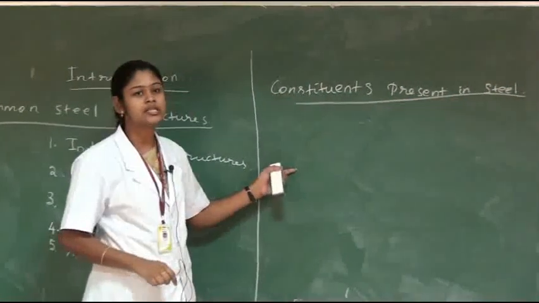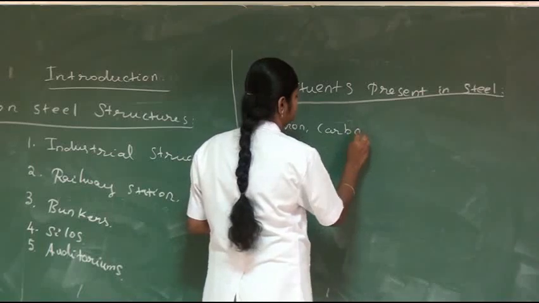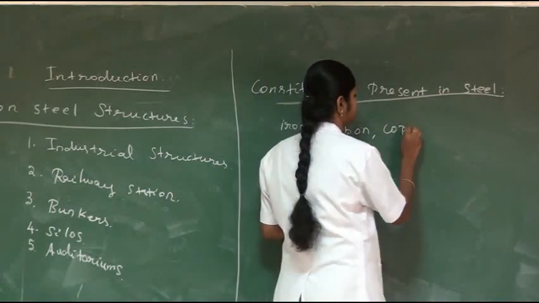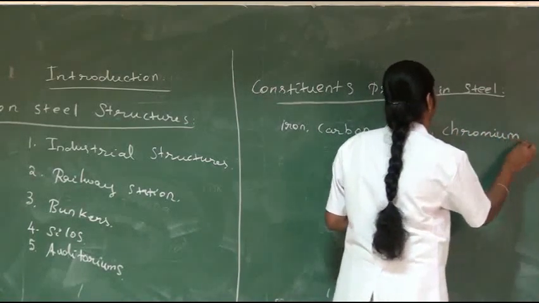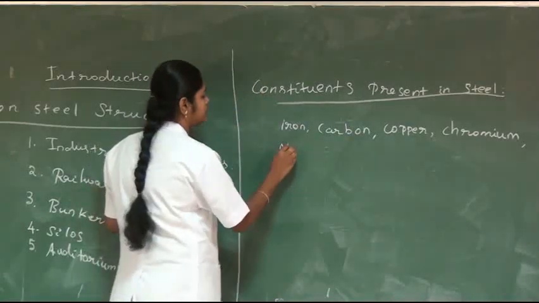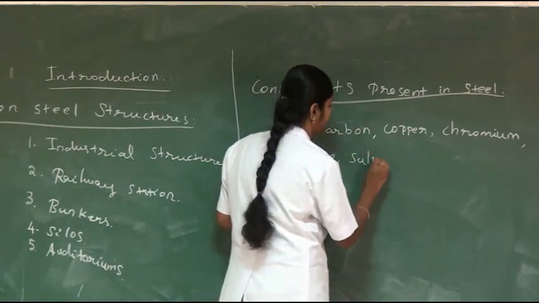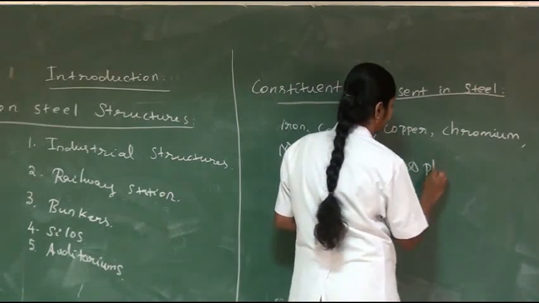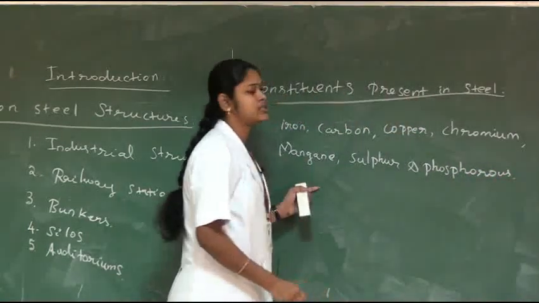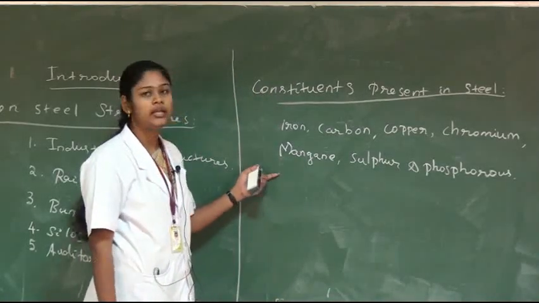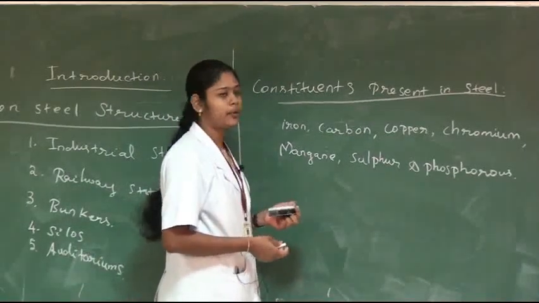The chemicals present in the steel are iron, carbon, copper, chromium, then manganese, sulfur, and phosphorus. Due to the presence of these chemical compositions, there will be an increase in high tensile strength in the steel members, as well as it will give good yielding property.